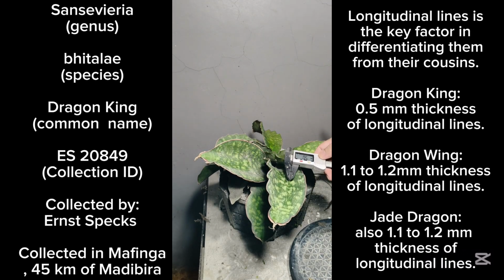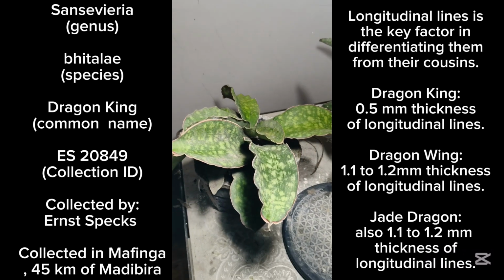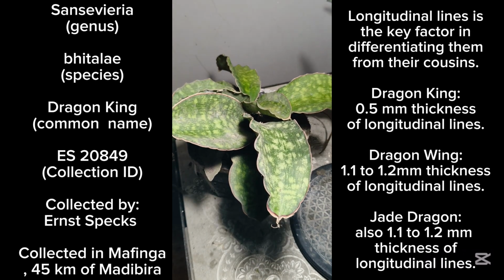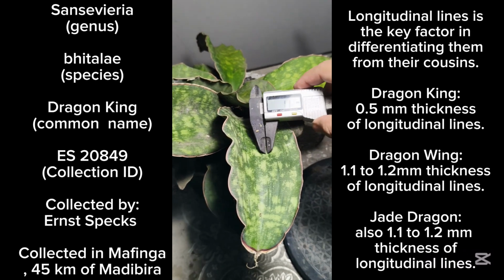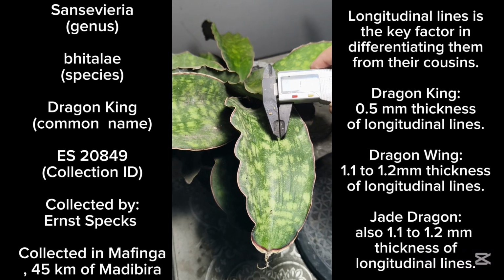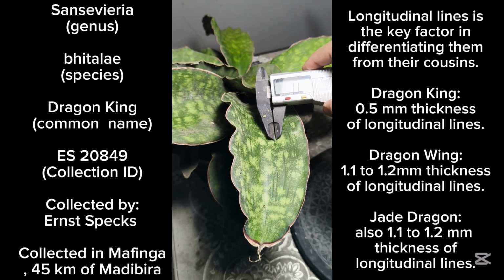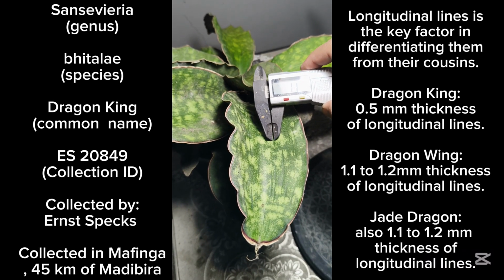Dragon Wing is actually like double the size of the longitudinal lines found in Dragon King. For Dragon Wing, I can focus on it so you can see how I measured it. So there you go. Alright, so that's the lines.